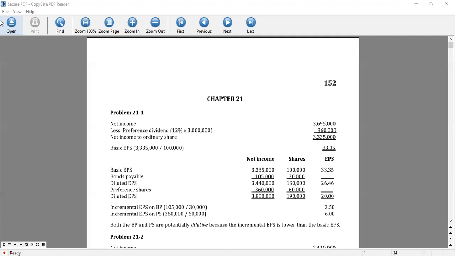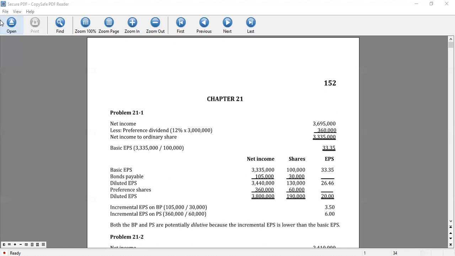So the diluted earnings per share after the conversion is now for 190,000 shares, and the net income of 3.8 million, giving the earnings per share equal to 20.